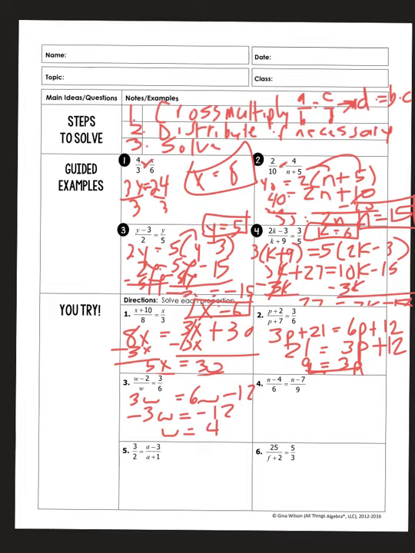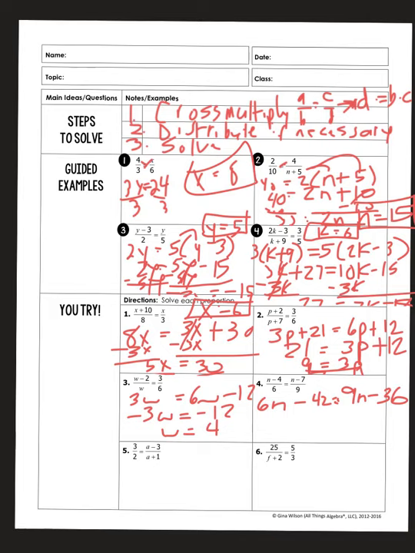All right, number 4. Cross multiply, and I'm just going to distribute as I go. 6 times n is 6n. 6 times negative 7 is negative 42. Equals 9 times n, and 9 times negative 4, which is negative 36.